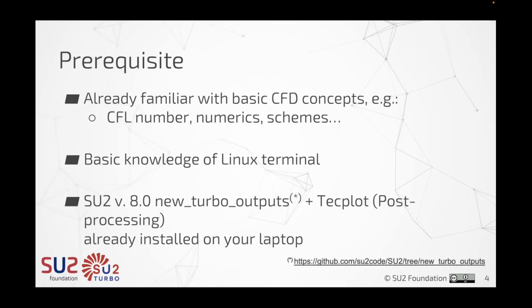Of course, we know it's not free software. Some institutions provide it, some others don't. So if you don't have it, don't worry. In the second part of the tutorial, we'll be using ParaView. So I think we should provide quite a comprehensive overview of basic post-processing tricks.